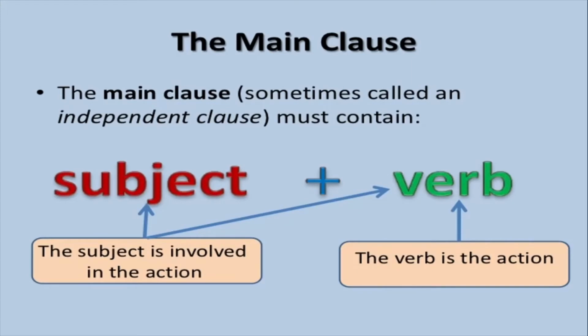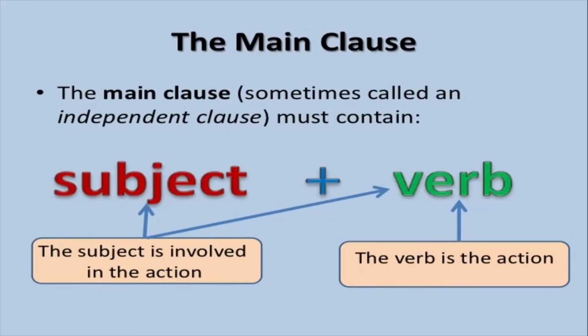Why? Because it is independent. That means it has got complete meaning. It is a sentence in its own right. And to call any group of words a sentence, that group of words must have a subject and it must have a verb. Sometimes it could have objects, sometimes the object could be skipped, but the subject and the verb are a must.